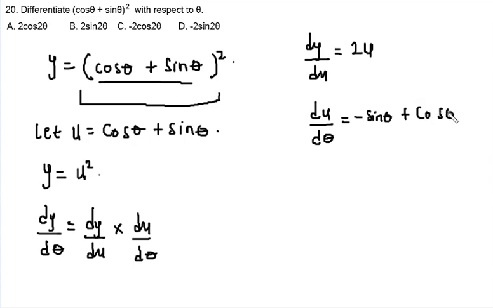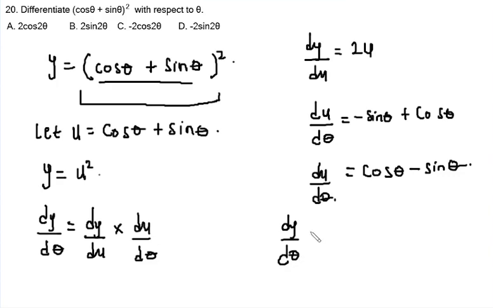So this can be written as cos theta minus sin theta, which is du d theta. Now we can multiply both of these. So we can say dy d theta is equal to 2u times the bracket cos theta minus sin theta.